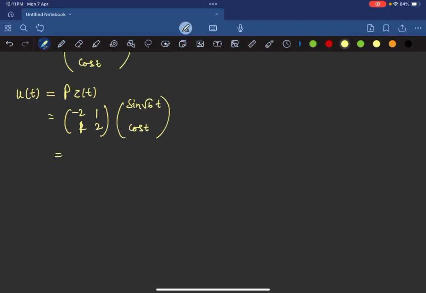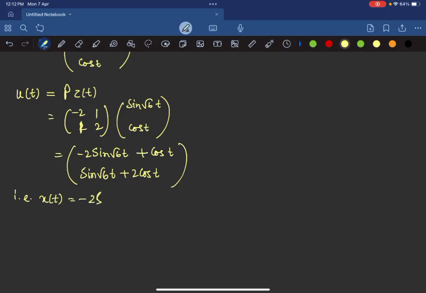If you further solve this, minus 2 sine root 6t plus cos t, here sine root 6t plus 2 cos t. So finally the solution is xt equals minus 2 sine root 6t plus cos t, and yt is sine root 6t plus 2 cos t. This is the final solution.